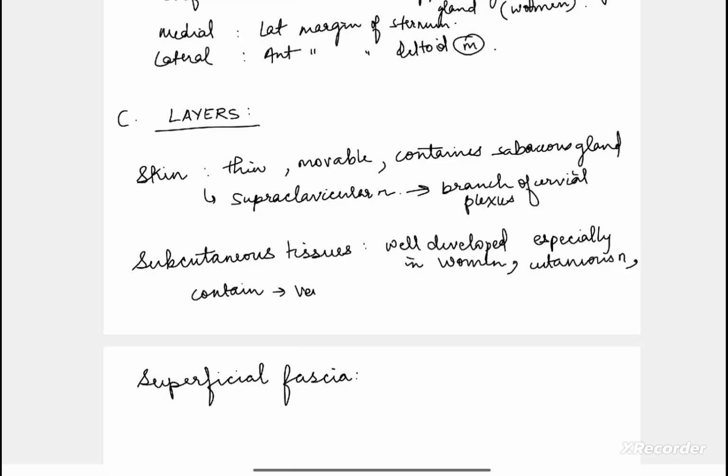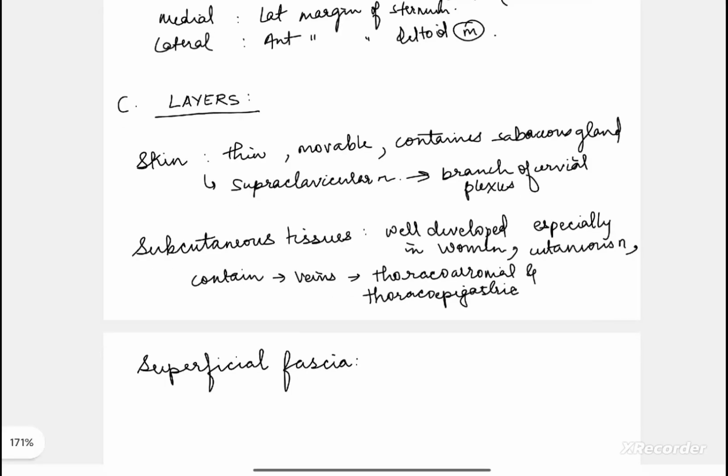Which ones? One is thoracoacromial and the other is thoracoepigastric, which further form the cephalic and axillary veins. Okay, these veins continue as the cephalic and axillary veins.